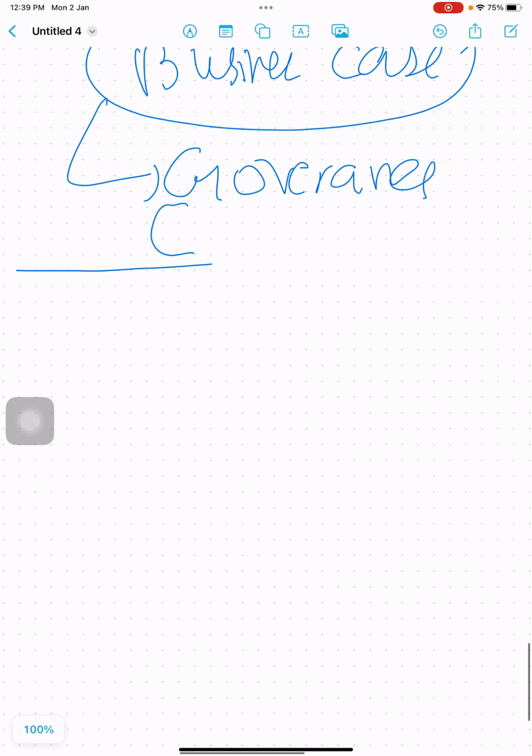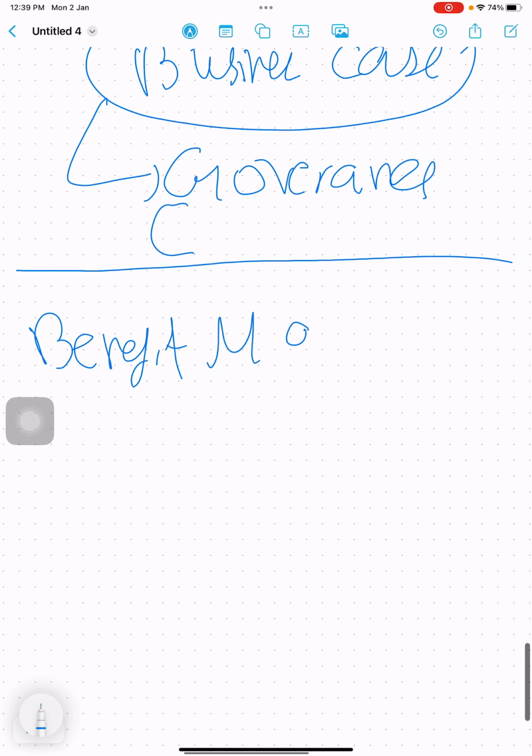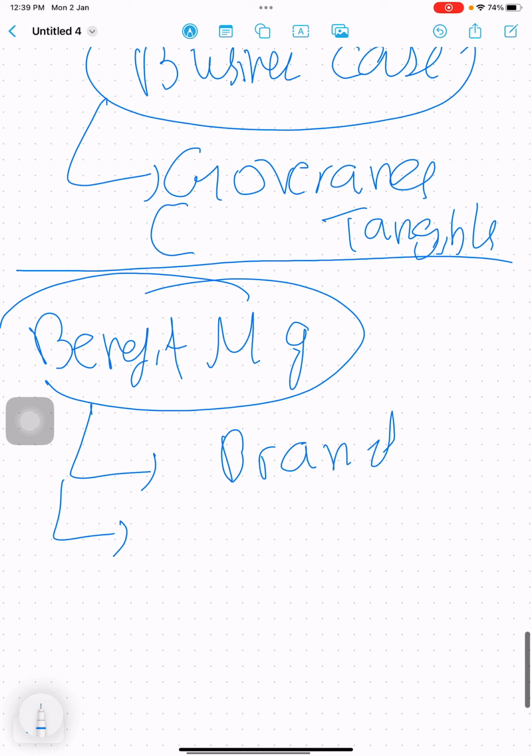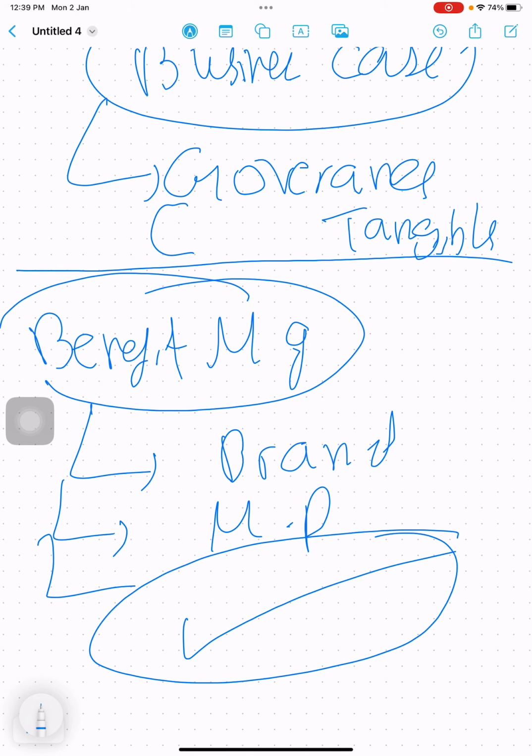Another document that is created along with the business case is the benefit management plan. Now the business case mostly has only tangible things: money, cost, benefit. What about brand awareness? What about market presence? You see, we all say, let's buy the shoes of this brand. This is Nike.